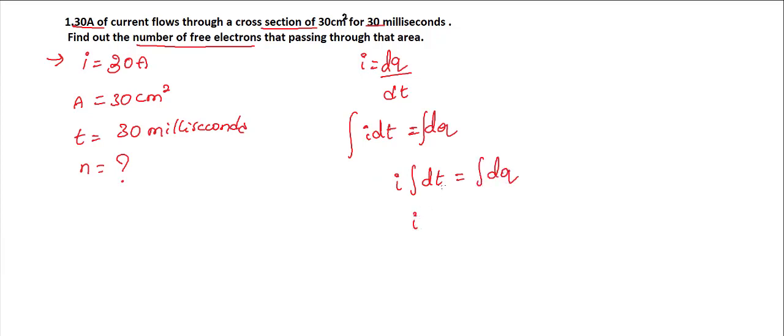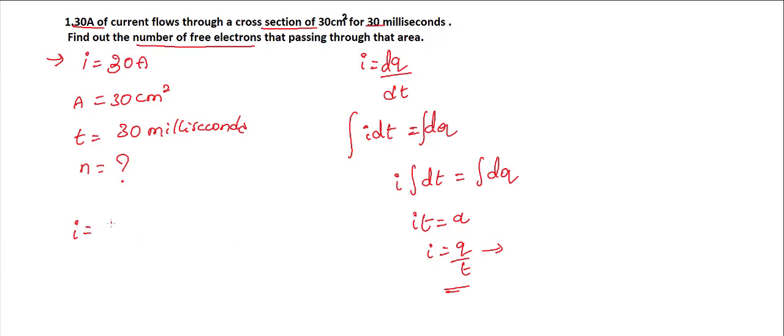The integration of dt will be t, so I t is equal to q, so I is equal to q by t. This is applicable when the given current is constant. In one more problem, I will discuss when the current depends on time and how we solve that. Now let's go ahead.